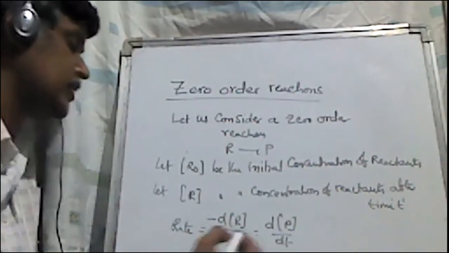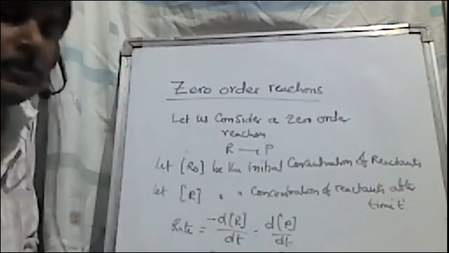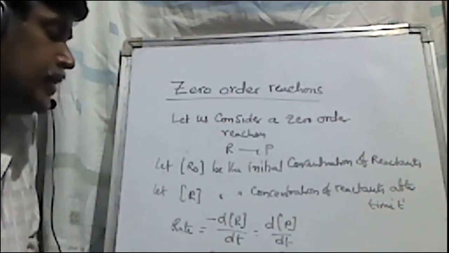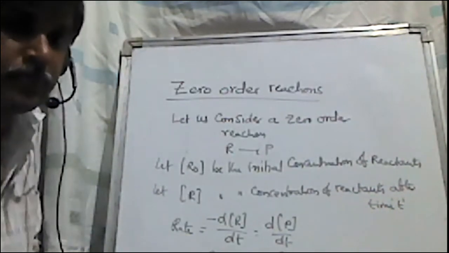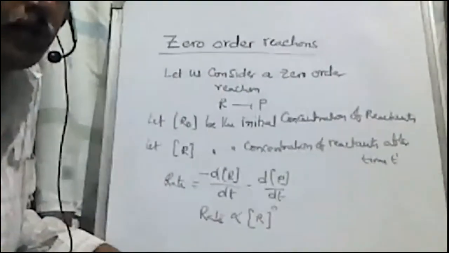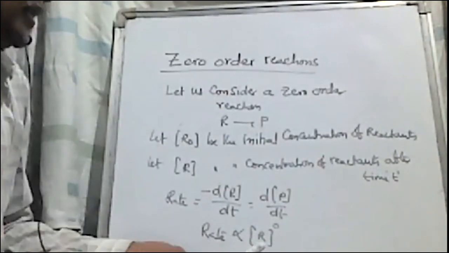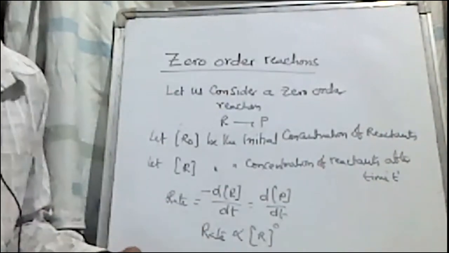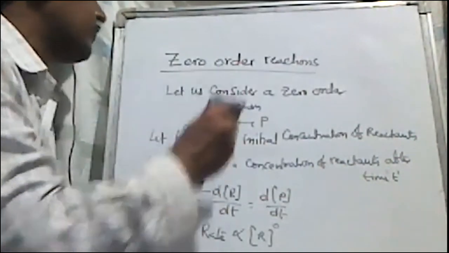But as it is a zero order reaction, here the concentration of reactants term is raised to the power zero. So rate is proportional to the concentration of the reactants raised to the power zero.